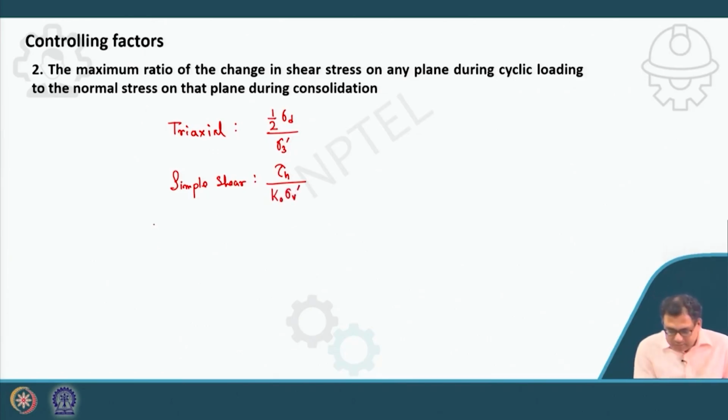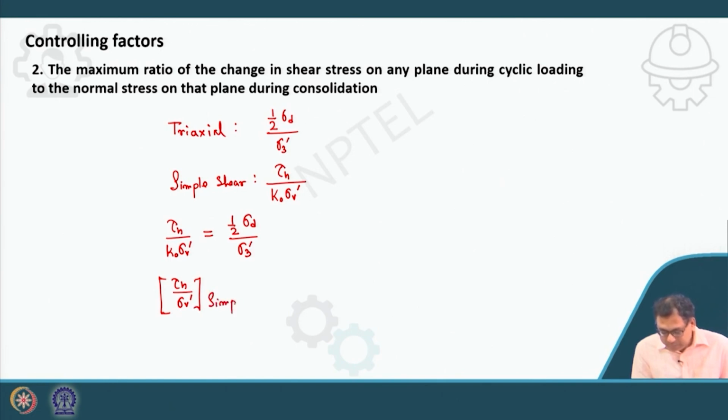So now if I correlate that, again I can write that tau h by sigma v bar for simple shear is equal to k0 into half sigma d by sigma 3 bar for triaxial.